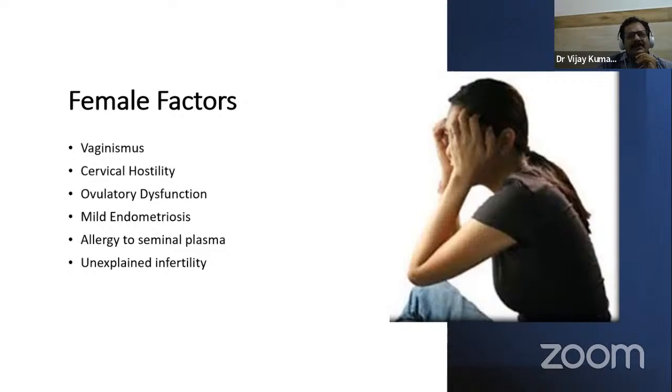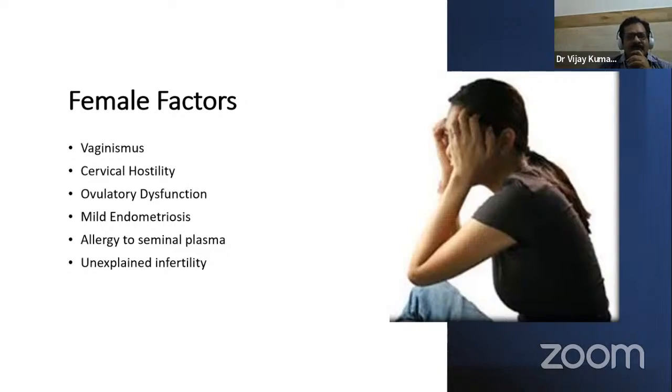Even mild endometriosis, as you all know, wherein there is no significant ovarian chocolate cyst, only a few deposits seen in the peritoneum or in the pouch of Douglas during laparoscopy. In such cases, ovulatory dysfunction would be commonly seen.